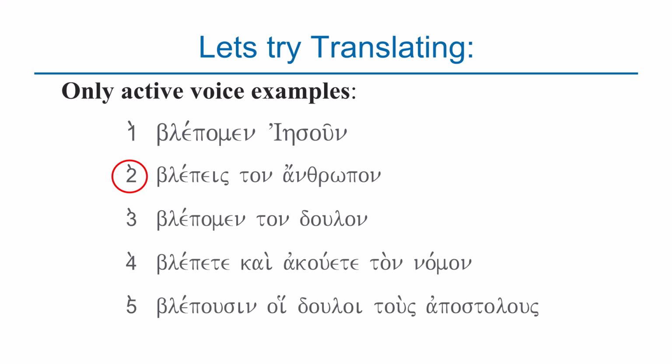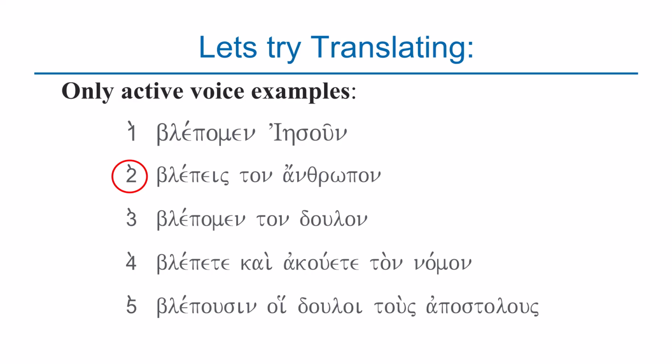Ton is the definite article. By now you must know the definite article and how it appears, because we have looked at the paradigm for the definite article. Anthropon is coming from the word anthropos, which means man. If you check the ending there, omicron nu, that ending is accusative. When you check the paradigm for the nouns, it will tell you that omicron nu is accusative, showing a direct object.